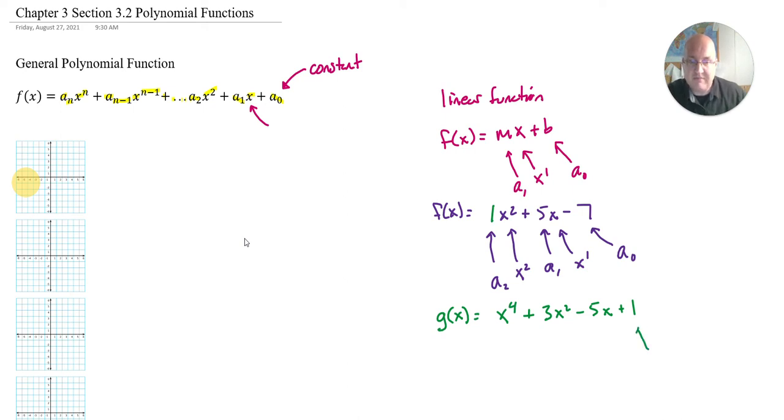This is a sub 0. That's the constant term. x to the first power is there, and then we have a sub 1, which is negative 5, then x squared is there, and then we have a sub 2, which is positive 3, and then x to the 3rd power.